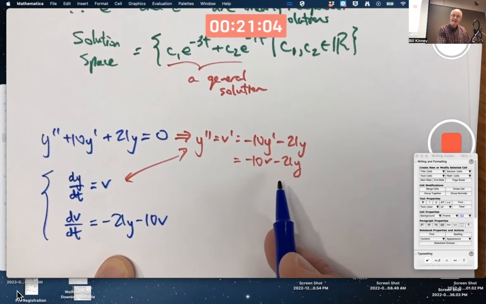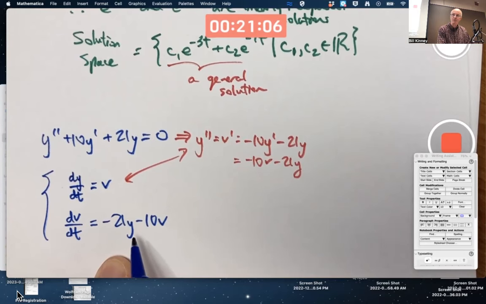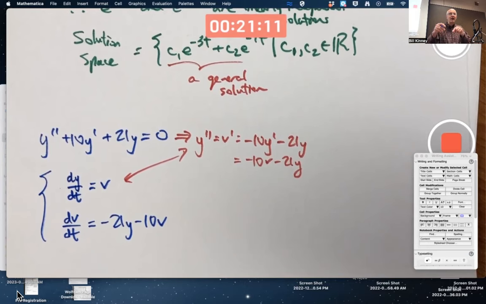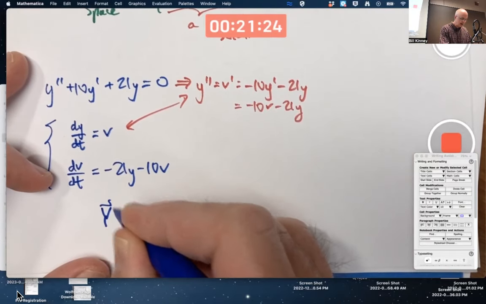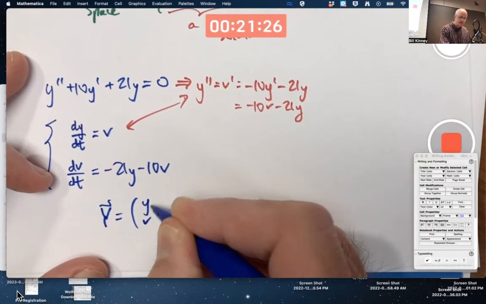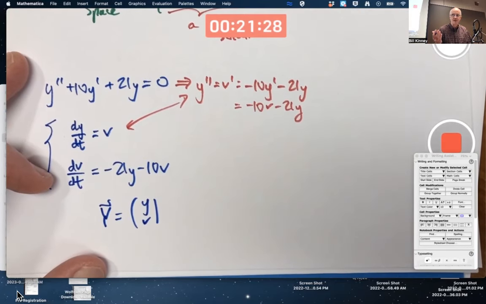But it's more convenient to put the y term first, v term second, so that now if I write this in vector matrix form, I get the right matrix. That's really important to get the right matrix. Now I'm going to let the vector Y, capital Y, have components little y, little v. Yes, that's a little weird, but okay.